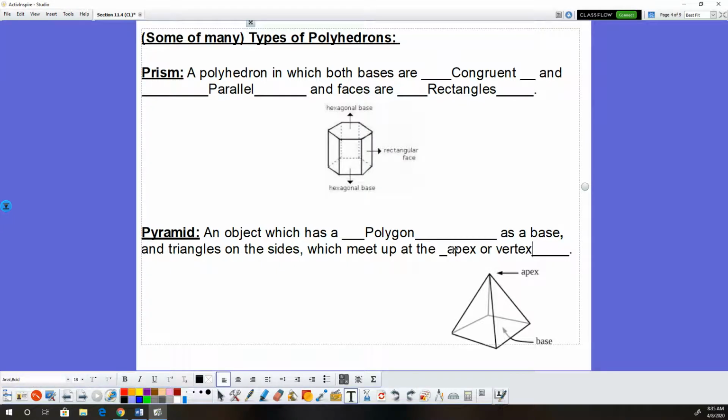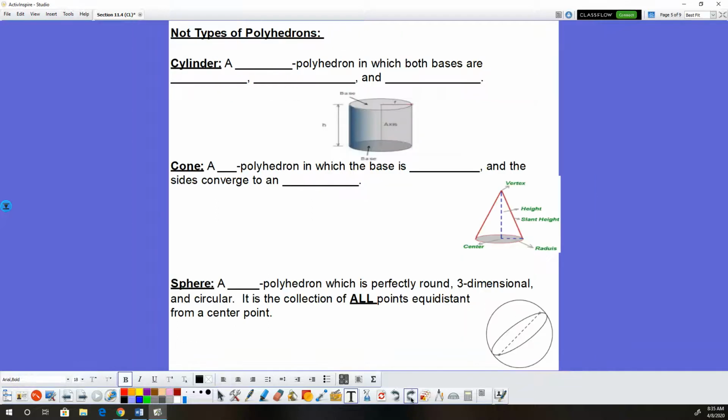You hear both quite a bit. So either one of those will be fine, and that's just this top point where the sides all come up to a point. These are non-polyhedrons. So a cylinder is a non-polyhedron, of course, in which the bases, first of all, are circles.